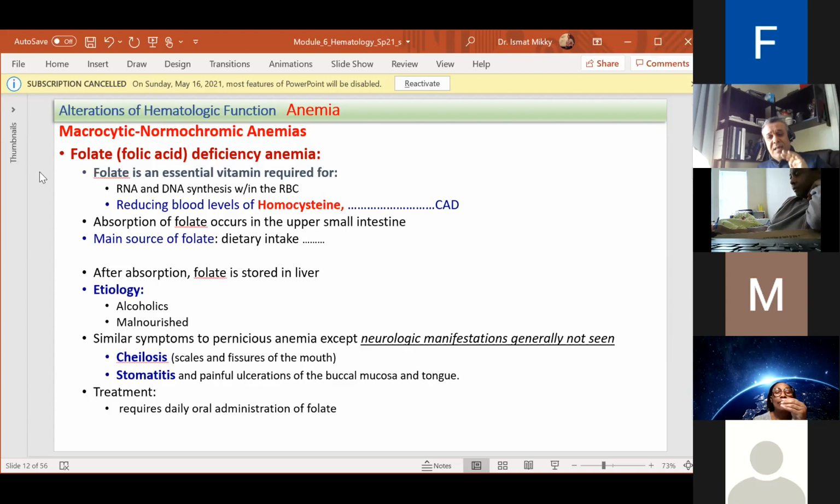So folic acid has been shown to decrease and reduce that level of homocysteine in the blood. This is kind of recent cutting edge research and evidence-based practice now about homocysteine and the CAD. So folic acid reduces that, which would result in decreasing the risk factor for CAD.